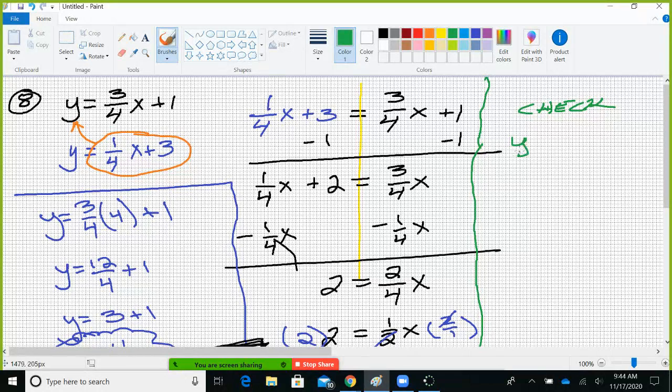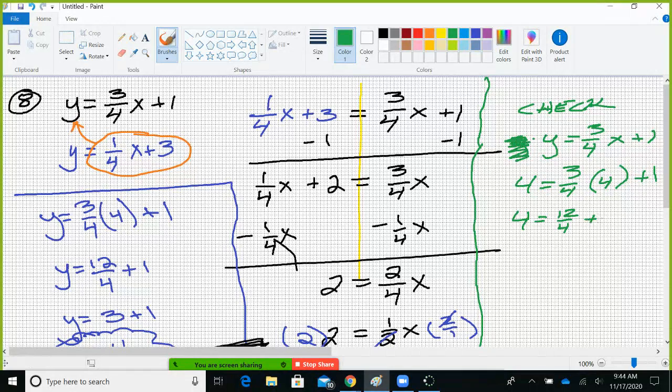So we have y equals 3/4 x plus 1. We know that our y value is 4. 4 equals 3/4 times 4 plus 1. 4 equals 12/4 plus 1. 4 equals 3 plus 1. 4 equals 4. So that one checks out. Perfect.